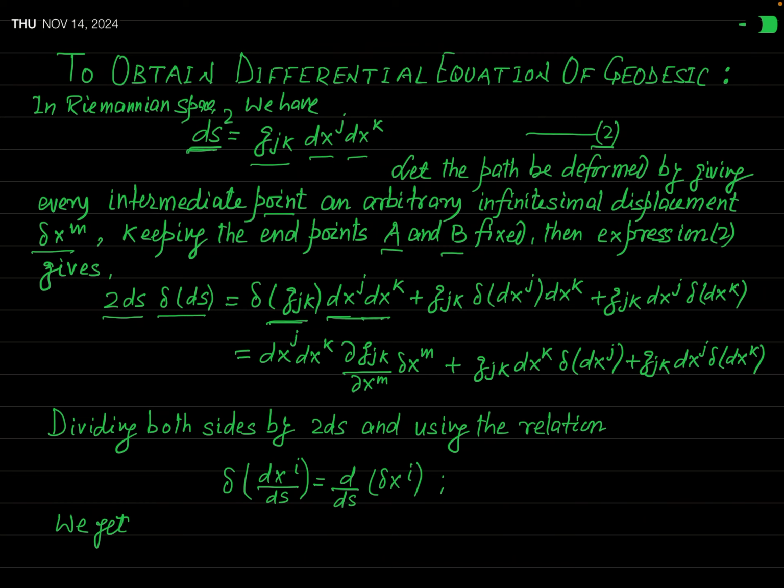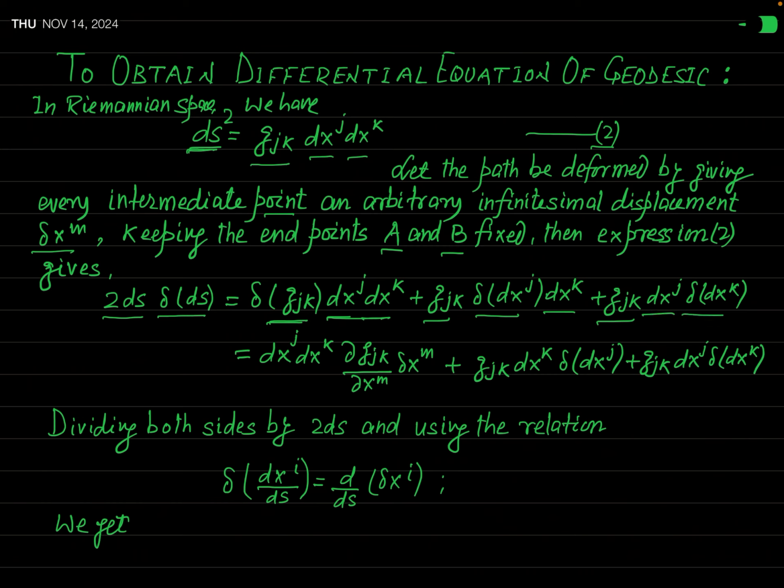Now g_jk and dx^k are taken at ease, and the operator delta is operated on dx^j, and in the last term we keep g_jk and dx^j at ease, and the operator delta is operated on dx^k. This is a simple rule of calculus, you know.